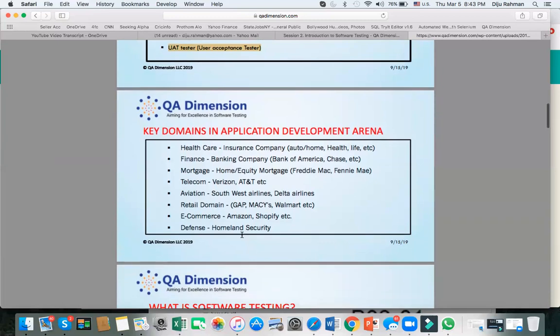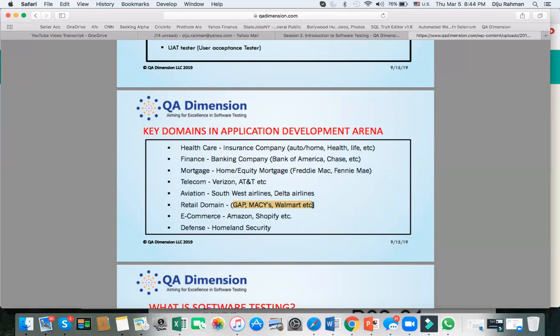Yes. Any question? Commerce means online shopping? Yes, online, exactly. E-commerce is whatever you can do online. But in Macy's you can also shop online, right? So Macy's can also be considered an e-commerce domain. Nowadays, the retail domain is e-commerce. All of them have online shopping capability.